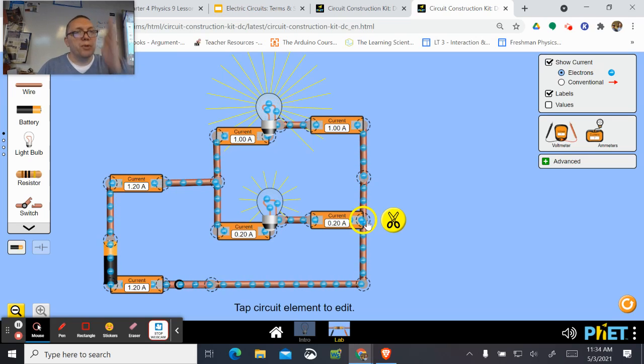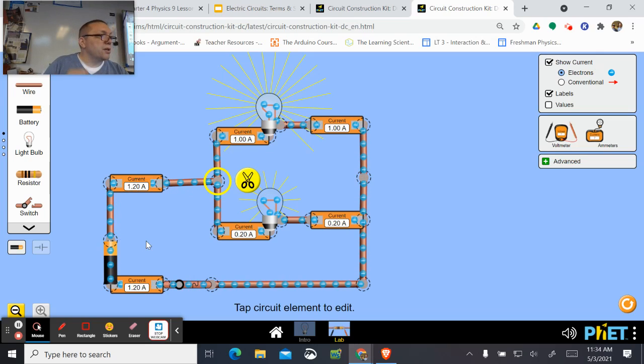We're not cutting people into 0.2s, but 0.2 people per second go this way, and 1 person per second goes this way. Now they get here again, and they join up. So if we have 0.2 people per second here and 1 person per second here, they merge, and then we have 1.2 people per second here.